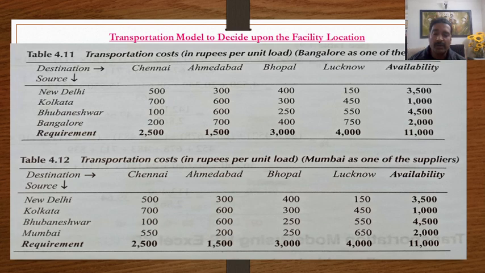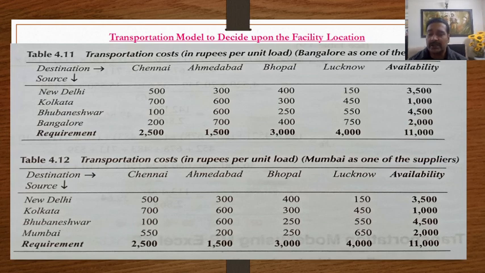You are given the cost of transporting 1 unit of product from New Delhi to Chennai as 500, New Delhi to Ahmedabad as 300, New Delhi to Bhopal as 400, and at each source you are given the availability of products: at Delhi you have 3500 capacity, Kolkata 1000, and Bhubaneswar 4500.